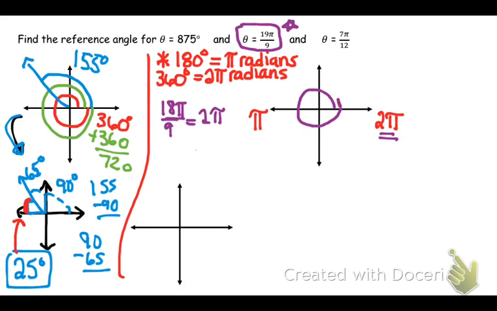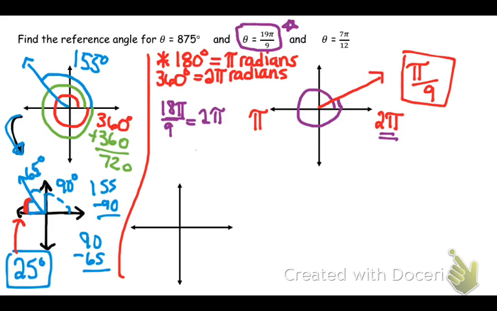So I'm going to go up a little bit, and then I'm going to draw in my angle. Remember, the reference angle gets us back to the x-axis. It's the closest angle that gets us back to the x-axis. So we're only off by pi over 9.